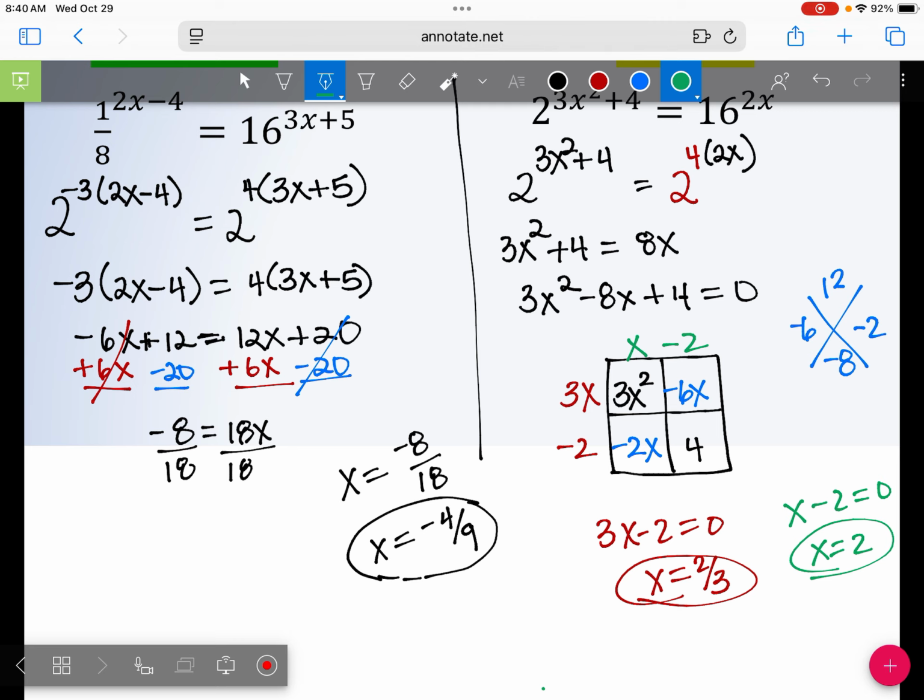First one, make sure you reduce. You don't leave no unreduced fractions in here.